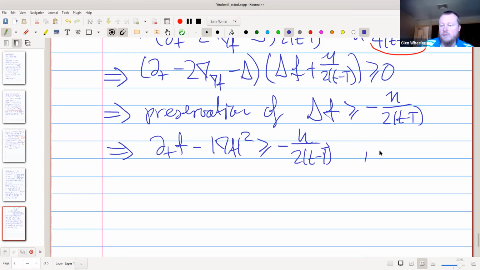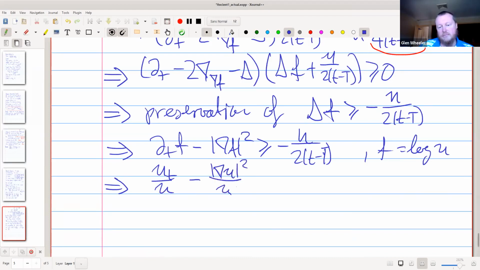But of course, f was log u, and so we get the statement. Well, it's not really the statement because I didn't localize it, but of course, you can localize it.